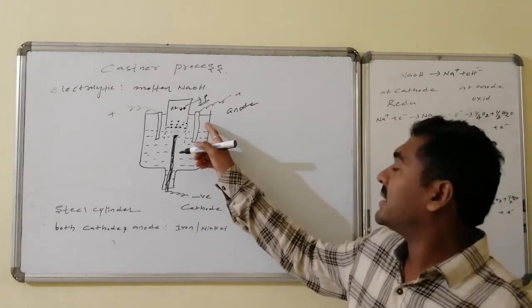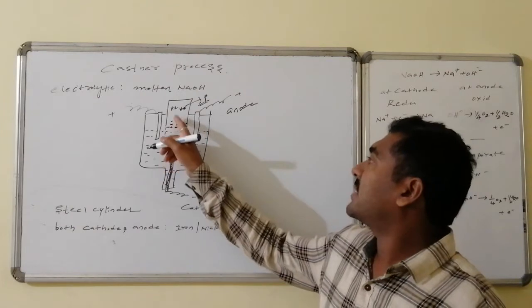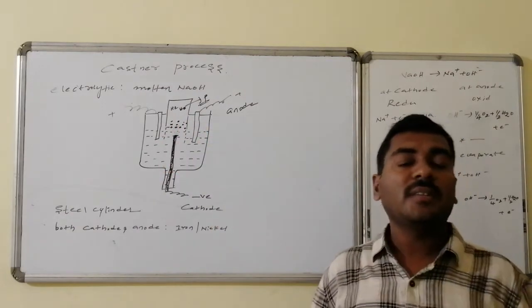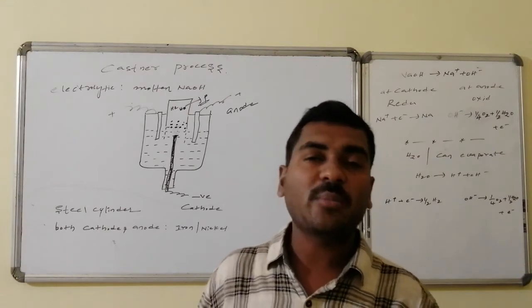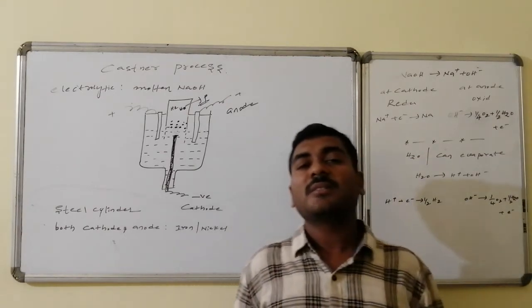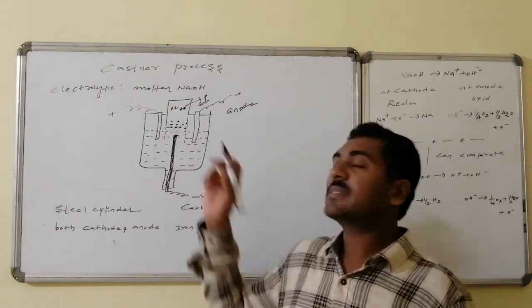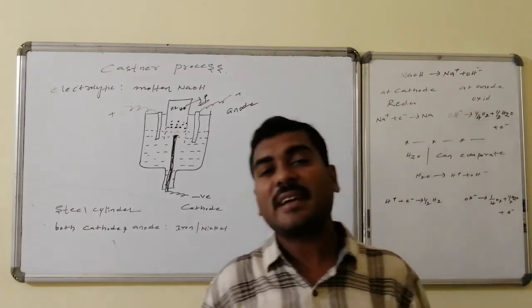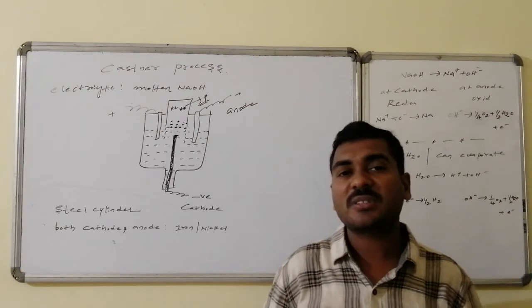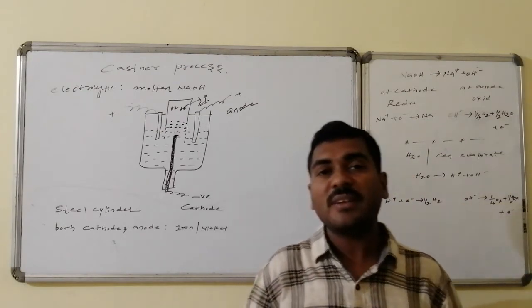Thus oxygen is present over here, whereas hydrogen as well as liquid sodium, because sodium has a lower melting point, the fused sodium is collected over the surface of the sodium hydroxide. Then after electrolysis it is collected. In this way, in the Castner process also we can prepare sodium.